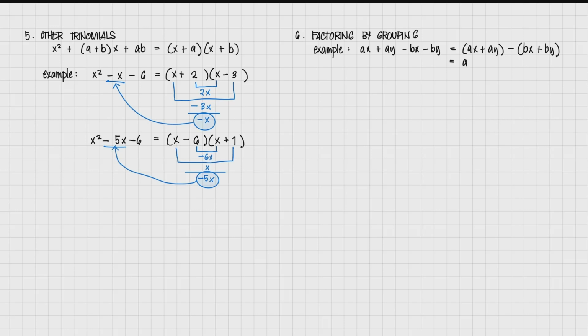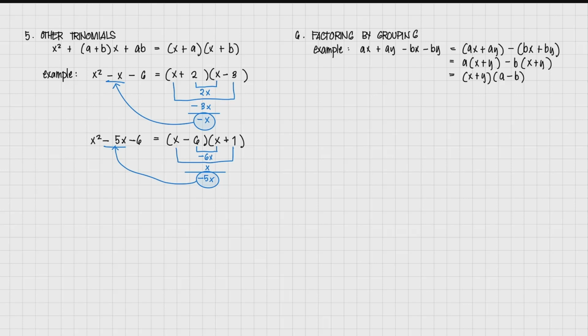So you'd have a times x plus y minus b times x plus y, right? And we could further simplify this. For these terms, the common factor is x plus y. So we could factor that out. So that becomes x plus y times a minus b. And that's the simplest form of this expression.